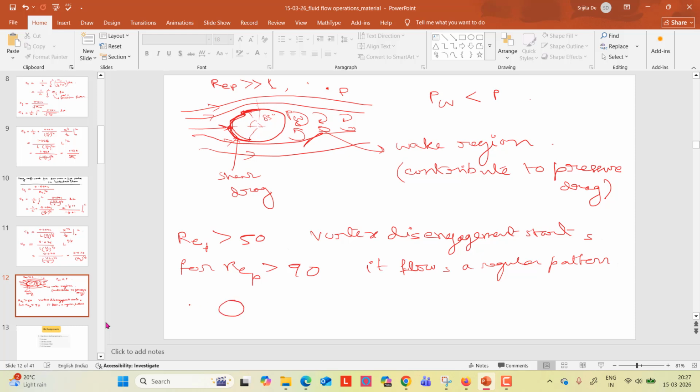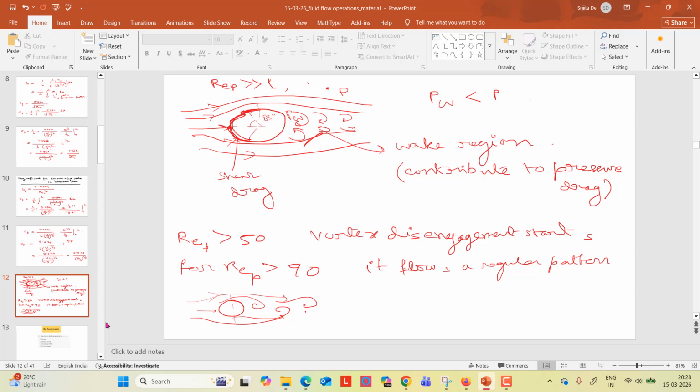So now what is happening? The fluid is coming like this, obviously, from both sides. Because RE has increased again, the fluid in this portion starts to shed. These will come alternately, and this is called vortex disengagement.